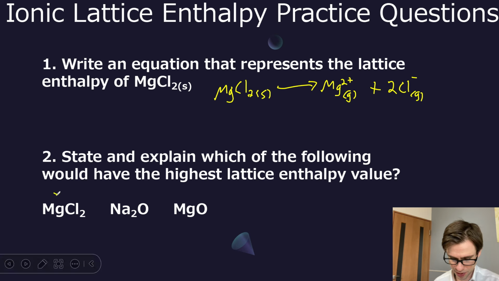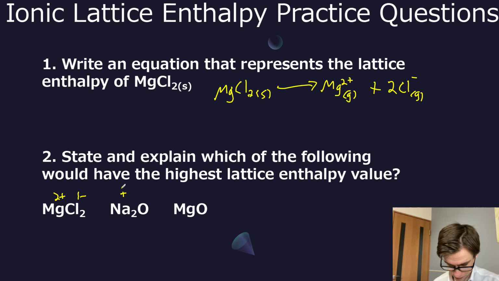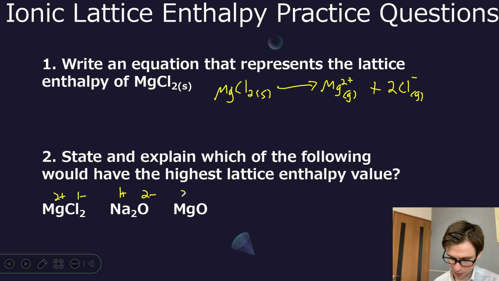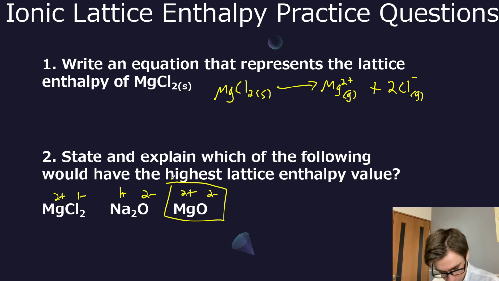So Mg will be 2+, Cl will be 1-, Na will be 1+, O will be 2-, Mg will be 2+, O will be 2-. So these ones having the greatest charge will have the greatest electrostatic force of attraction and require the most energy to separate.